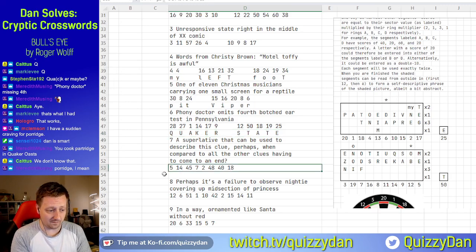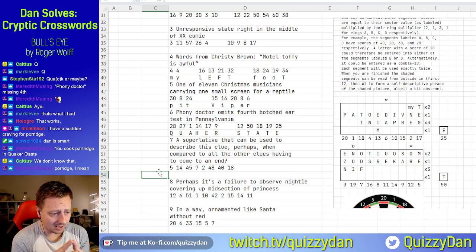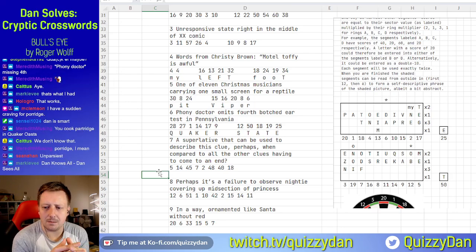A superlative that can be used to describe this clue, perhaps, when compared to all the other clues, having come to an end. What? Absolutely no idea.